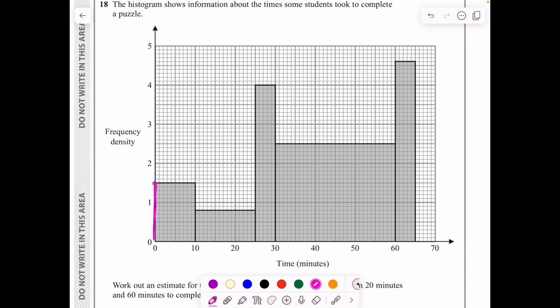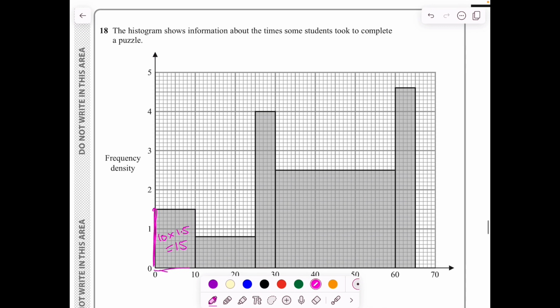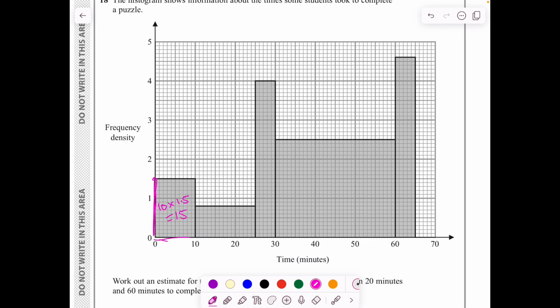So for example, this bar here is 10 wide and up it's 1.5. So I'm going to do 10 times 1.5, which gives me 15. So 15 people, or students in this case, took 0 to 10 minutes to complete this puzzle.